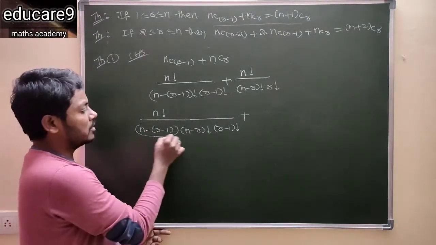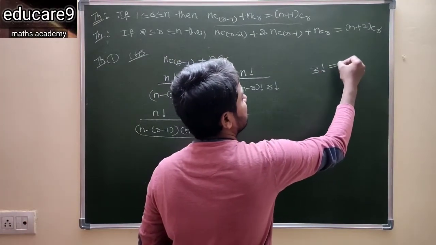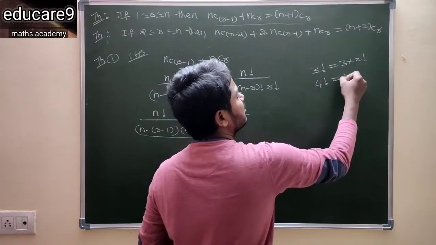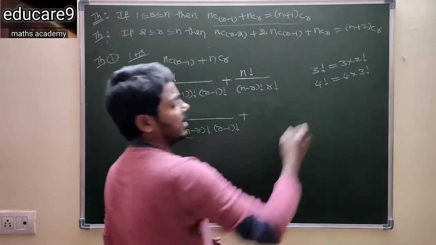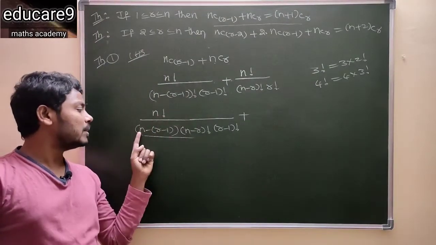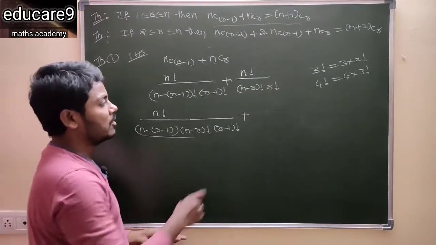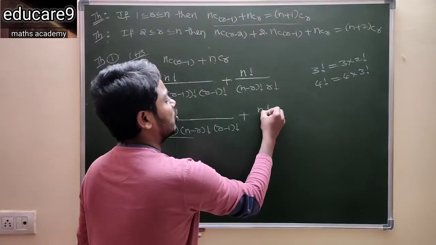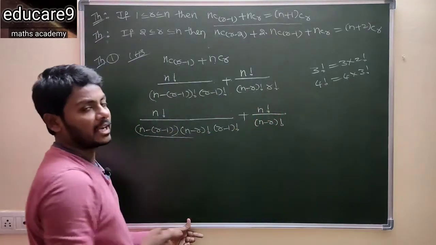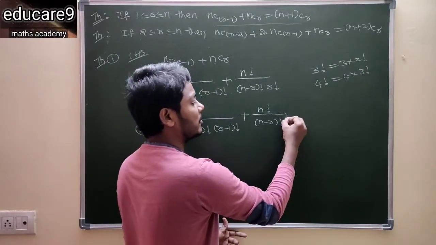See here, 3 factorial can be written as 3 into 2 factorial. Similarly, 4 factorial can be written as 4 into 3 factorial. So here also (n minus r plus 1) factorial can be written as (n minus r plus 1) into (n minus r) factorial, plus n factorial by (n minus r) factorial into r factorial. This r factorial can be written as r into (r minus 1) factorial.